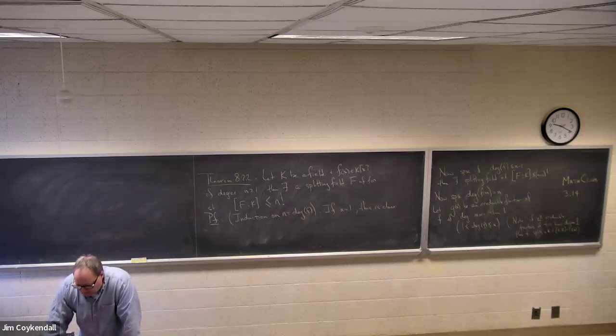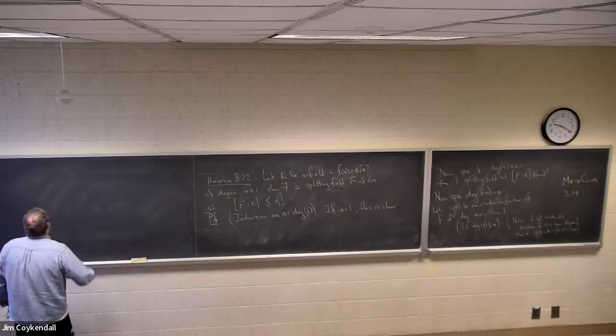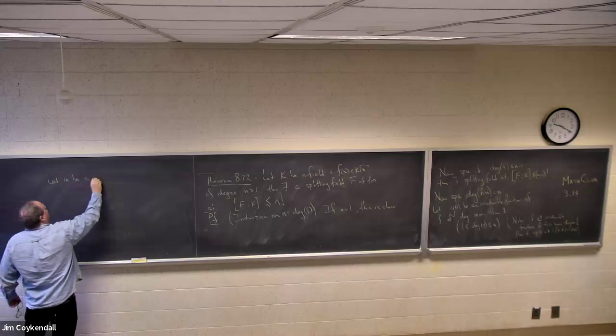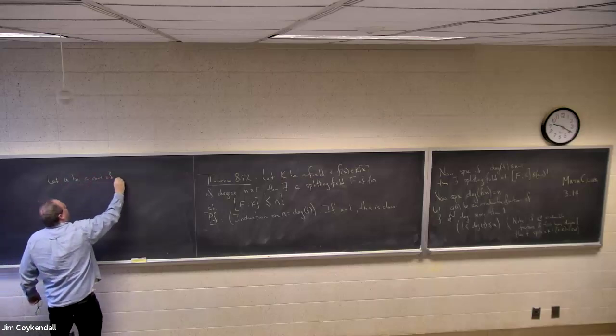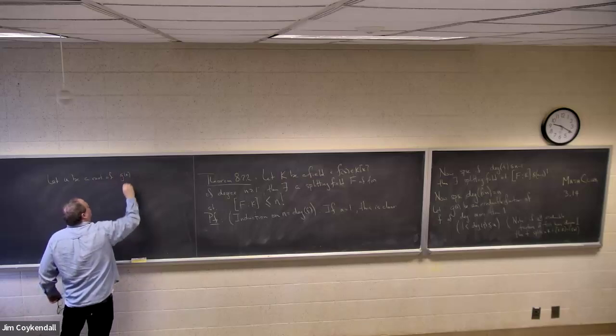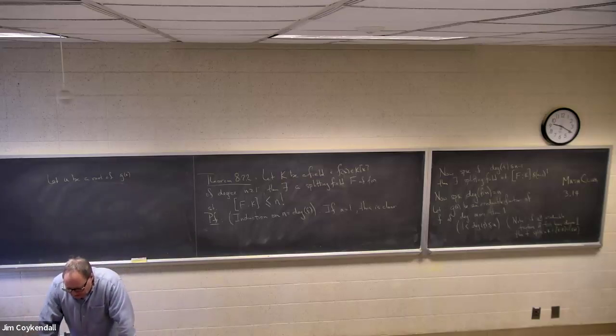So let's suppose that we have a factor G that's irreducible of greater degree. Let u be a root of G, and there's an extension field K(u) in which G has this root u.